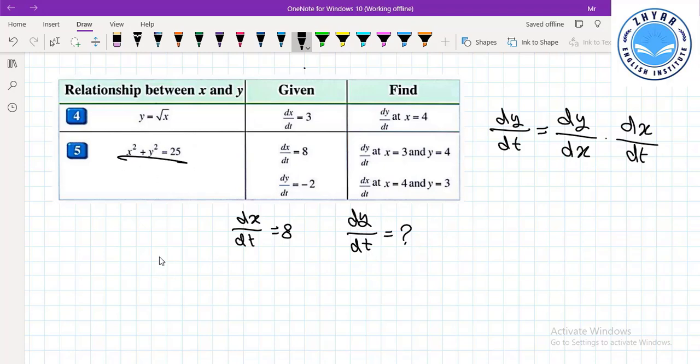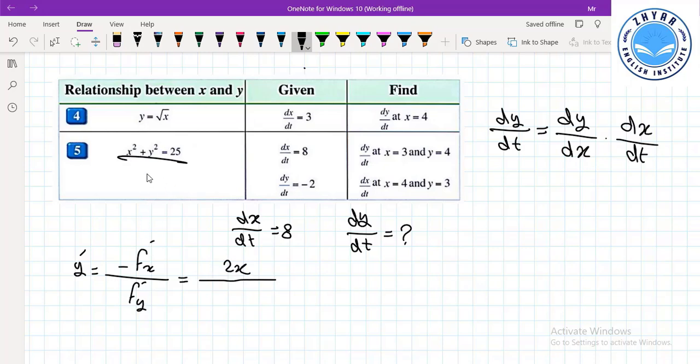When we look at here, it's implicit differentiation. But don't worry, we know how to do implicit. y prime is equal to negative f prime x over f prime y. That means derivative according to x divided by derivative according to y. Derivative according to x, for this case, it's just 2x.